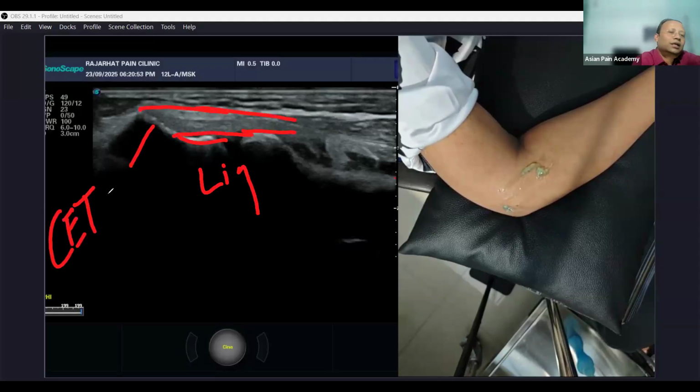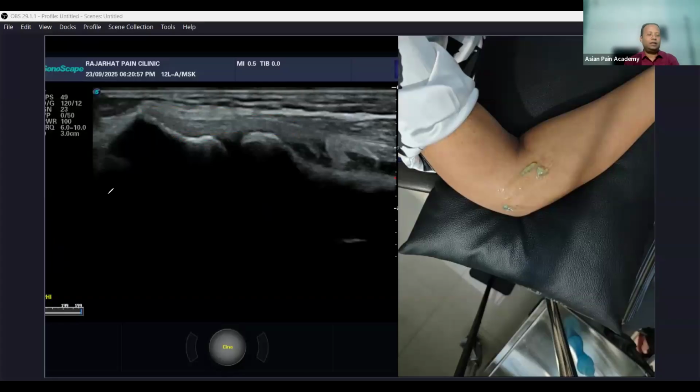Okay, so here if we try to see it very carefully, then you will find that there is a fibrillar structure in the upper part, which is going inside the muscle, and gradually it is becoming the muscle here.